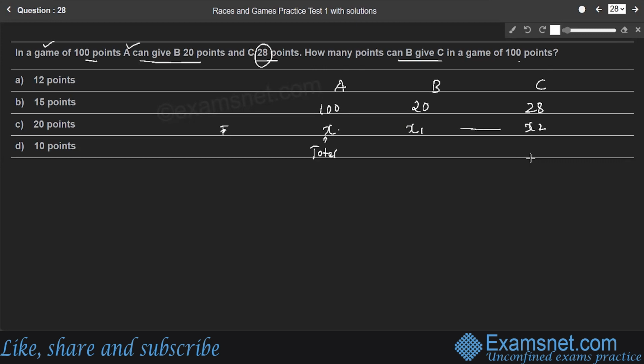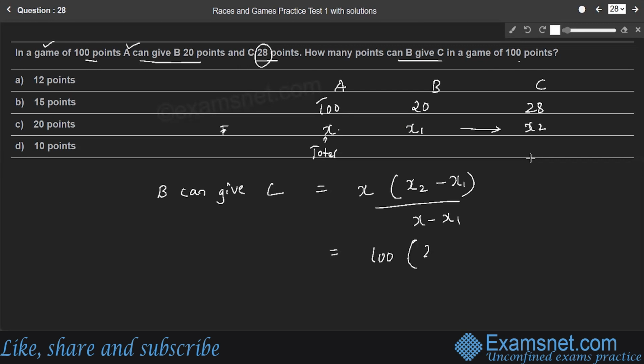Therefore, B can give C how many points in a game of same 100 points, right? Points given to C by B is equal to the formula: total points into (X2 minus X1) divided by (X minus X1). Right, here X is 100 points, the total points in a game.